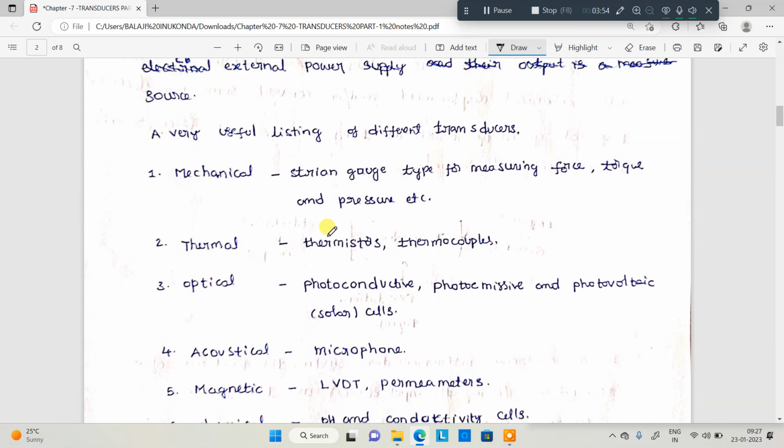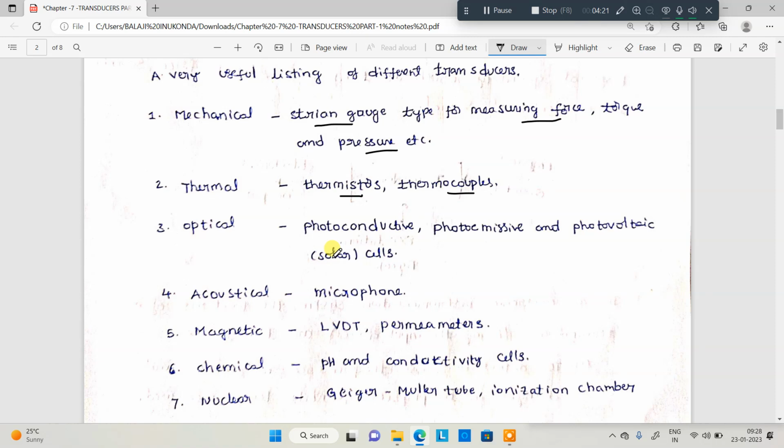First, mechanical. In mechanical applications, the strain gauge is a type of transducer which measures force, torque, and pressure. It senses those particular quantities and converts them into electrical quantities. In case of temperature, thermistors and thermocouples come under thermal.